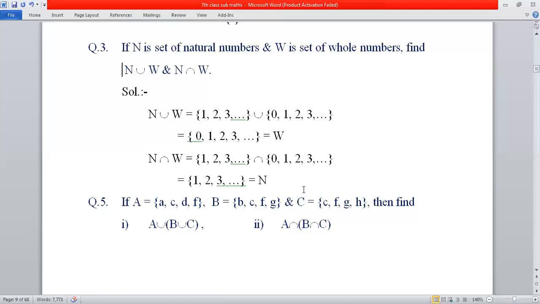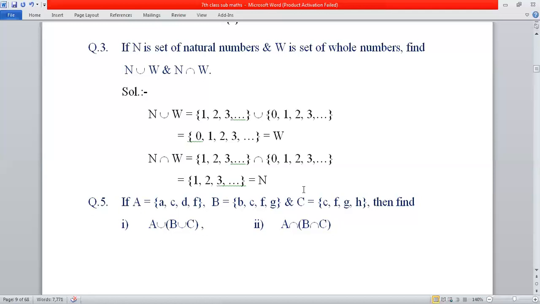Question number 4 is just like question number 3. You will do it by yourself. In question number 4, you are given the prime numbers and composite numbers, and you have to find the union of prime numbers and composite numbers, and then the intersection of prime numbers and composite numbers. Prime numbers, in our first video, we already discussed what a prime number is.